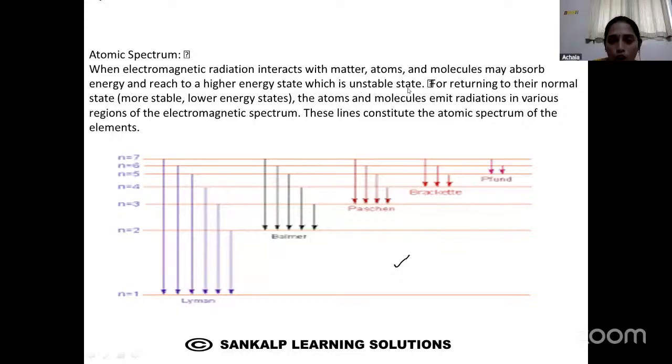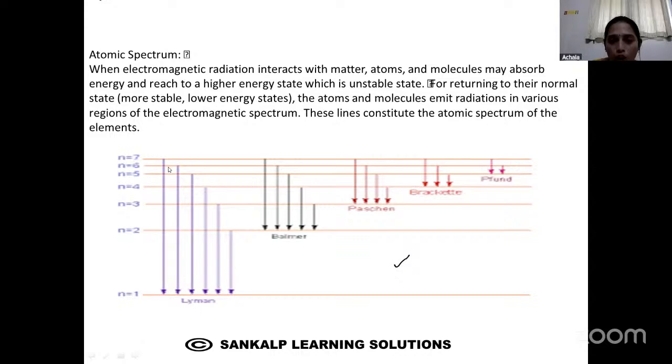Higher energy state is unstable. For returning to their normal state, that is more stable state, the atoms and molecules emit radiations. Without emitting, they can't reach their original state. In various regions of the electromagnetic spectrum, these lines constitute the atomic spectrum of the element.